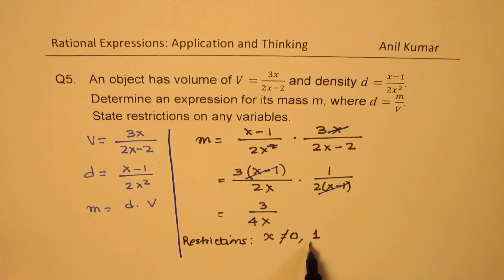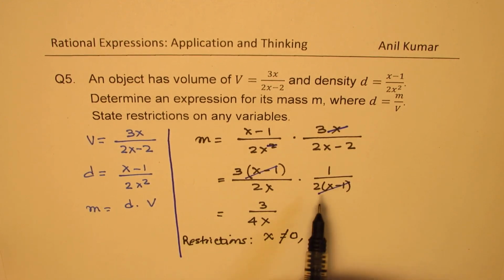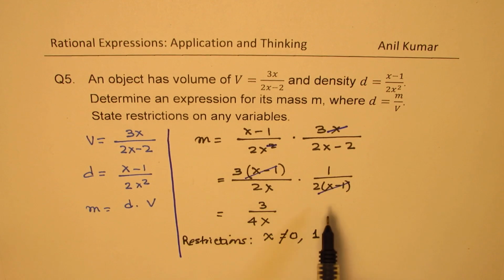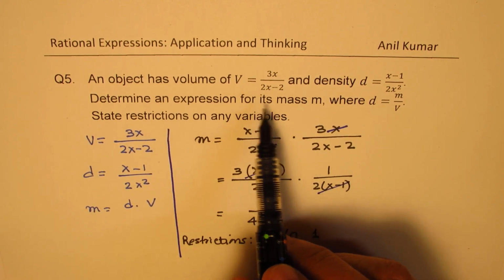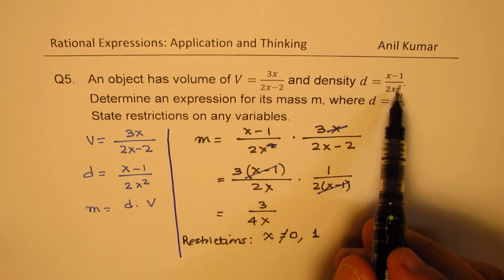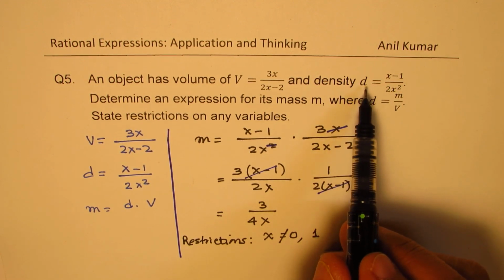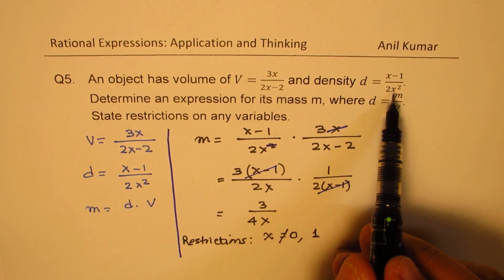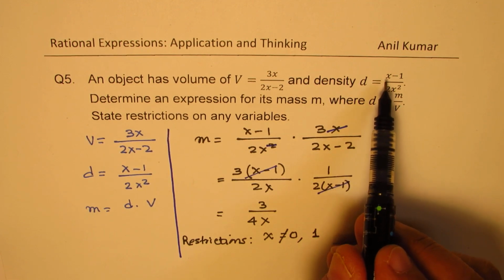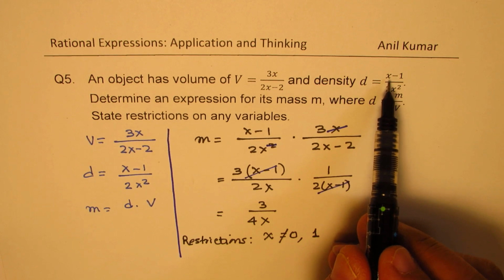Now, more than that, when you look into this expression, x has to be positive, right? So as far as density is concerned, the denominator is always positive. So x value has to be more than 1. Otherwise, this value here will be negative.